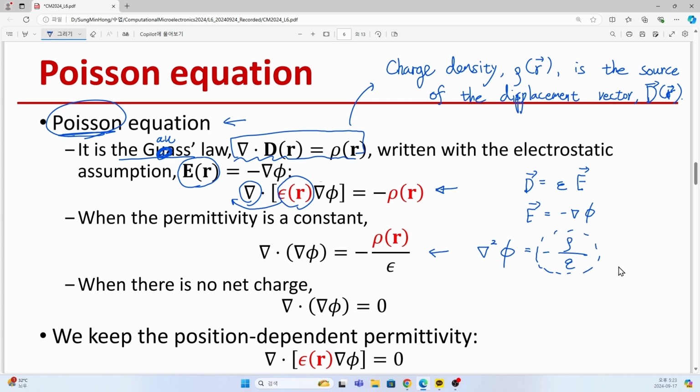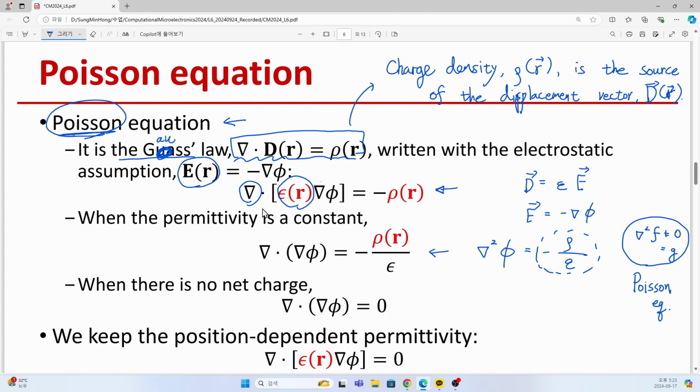When the Laplacian of a certain function is non-zero and given as a certain source function, this form is called the Poisson equation. So that's the reason why this Gauss law is called the Poisson equation in our context.